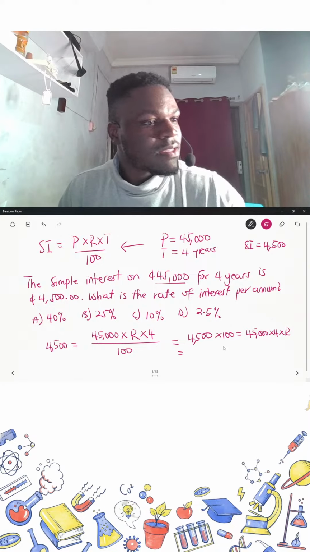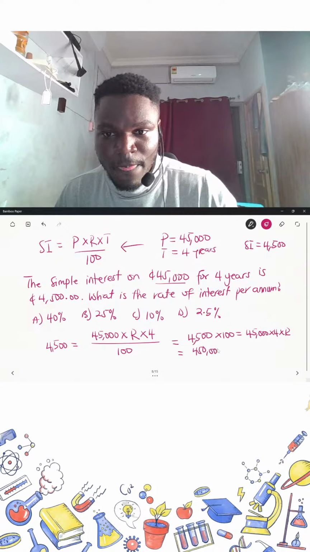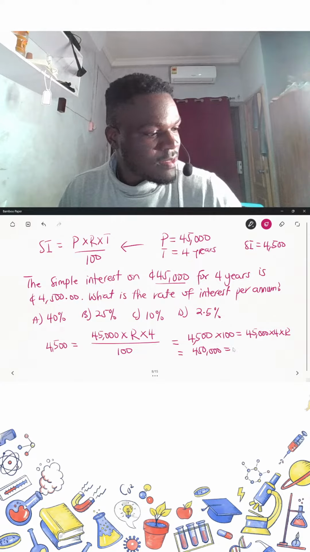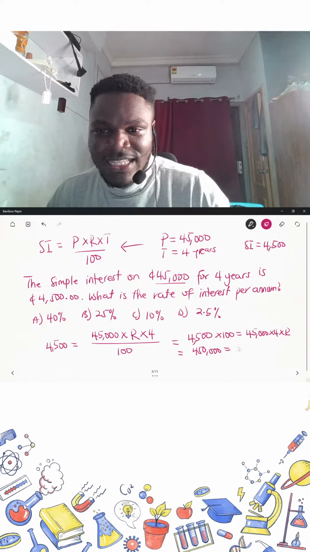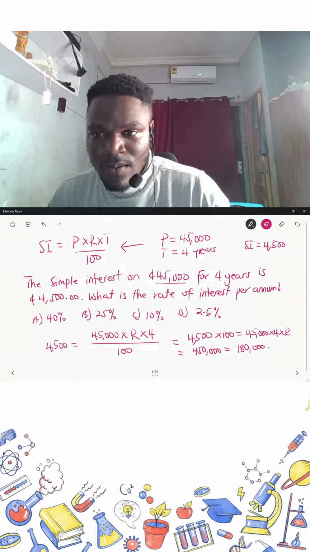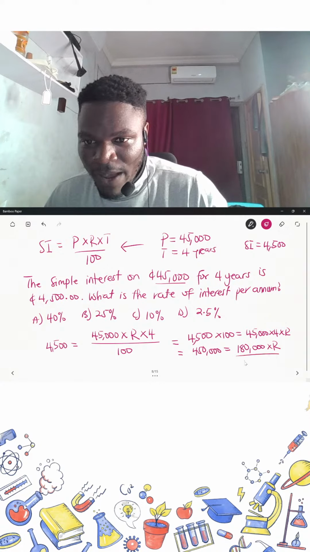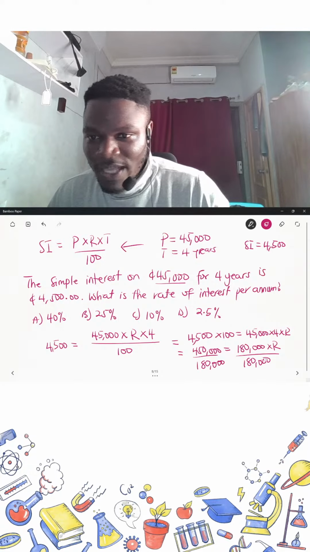So our 4,500 multiplied by 100 will give us 450,000, and this is equal to 45,000 multiplied by 4, which gives us 180,000. So here we have 180,000 multiplied by R. We divide both sides by 180,000 to get our answer.